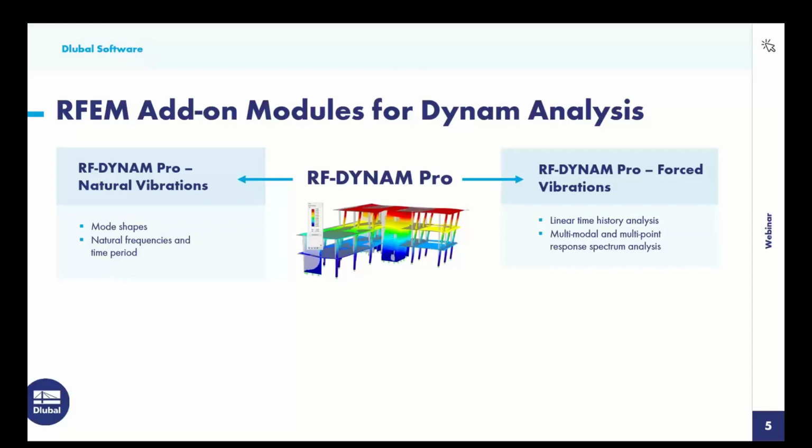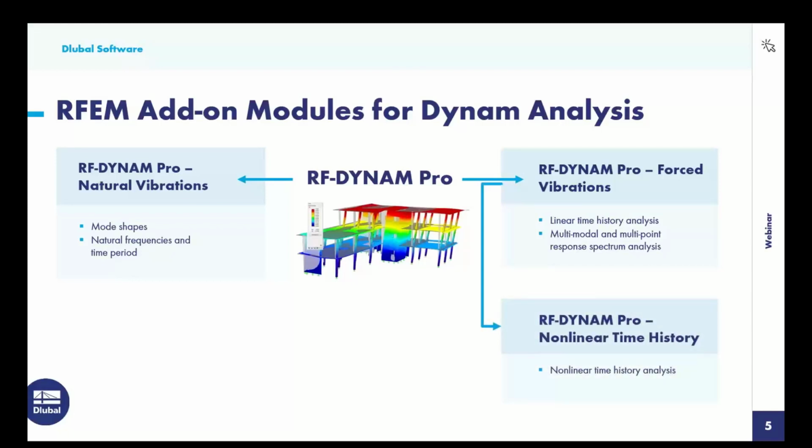The first is a pro: multi-point response spectrum analysis will allow us to assign different response spectra to different supports in our structure. The downside is that utilizing this add-on module for response spectra, we're not going to be able to export the equivalent loads back out to RFEM. We're also not going to see options such as accidental torsion to include, which is required by most of the standards.